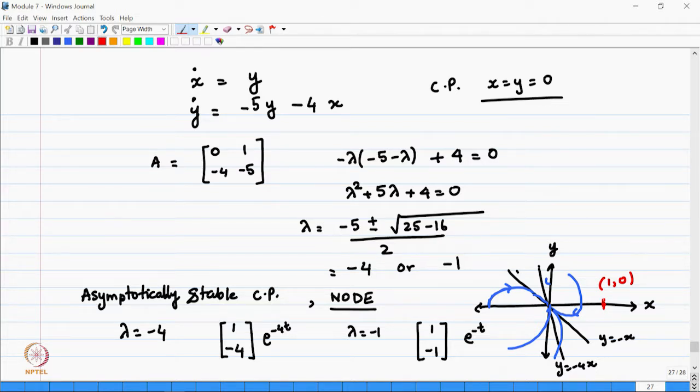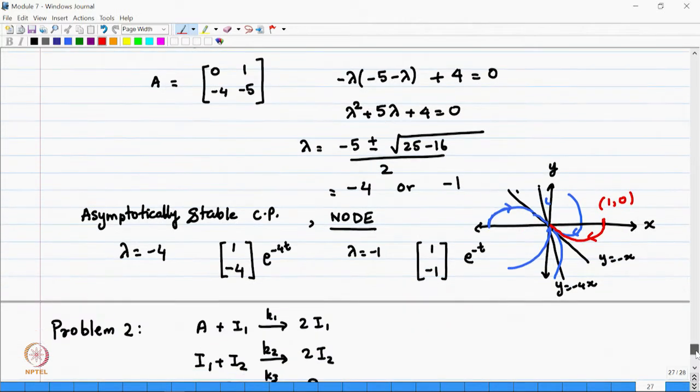So, it is going to be straight, and if you see y dot is negative. So, y has to decrease. So, y will go down and it will follow this, and it will eventually come towards this point. Okay. So, this is what the picture of this damped harmonic oscillator is.